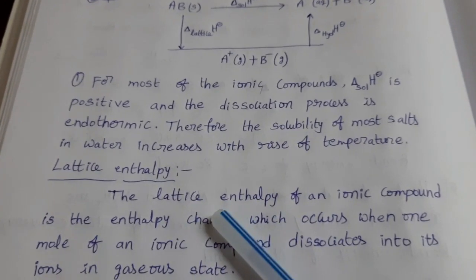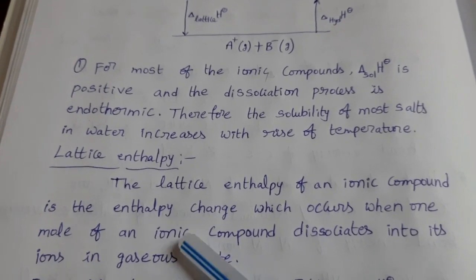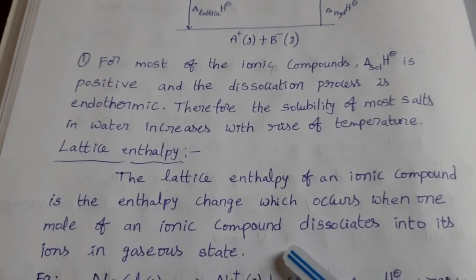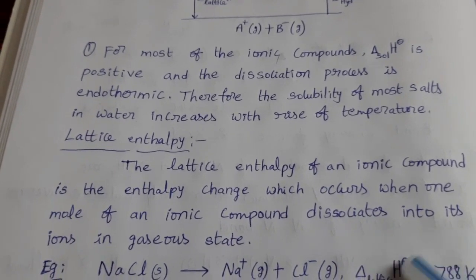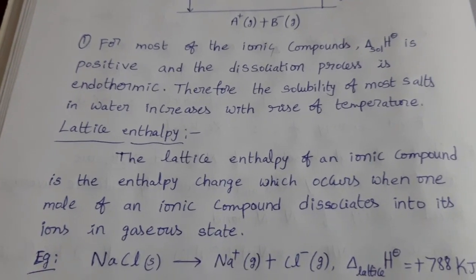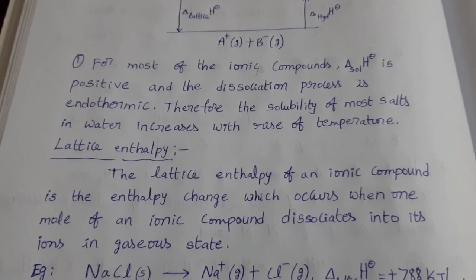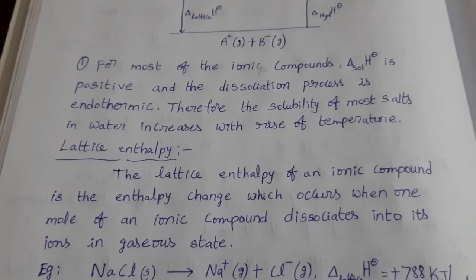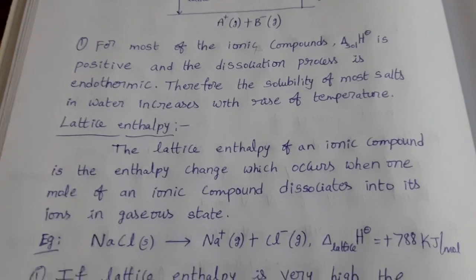Now see the lattice enthalpy. The lattice enthalpy of an ionic compound is the enthalpy change which occurs when 1 mole of an ionic compound dissociates into its ions in gaseous state. When 1 mole of ionic compound is converted to its ions in gaseous state, the enthalpy change is called lattice enthalpy.